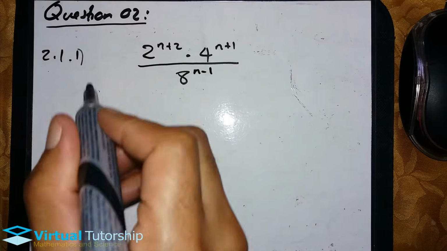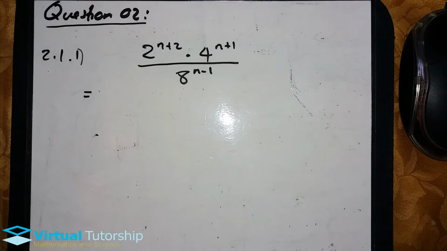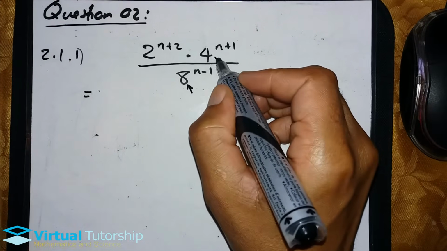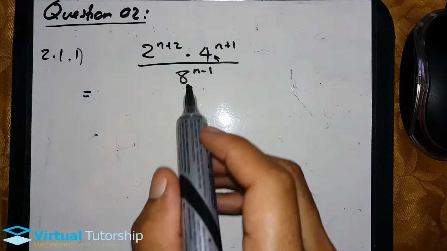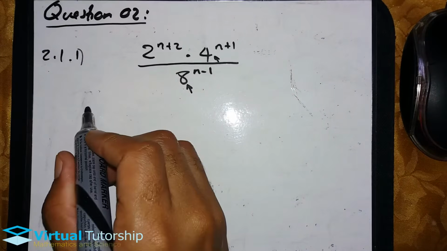So now into soyenza la eyokuqala ukuthi change this 8 and this 4 lama base way 2 komele, so rewrite as ama prime bases.